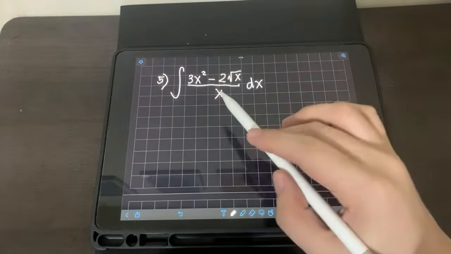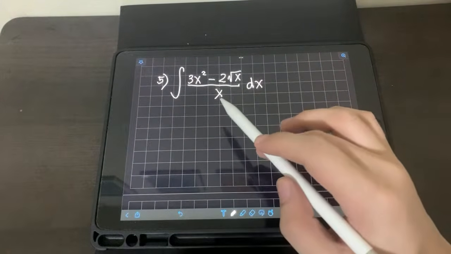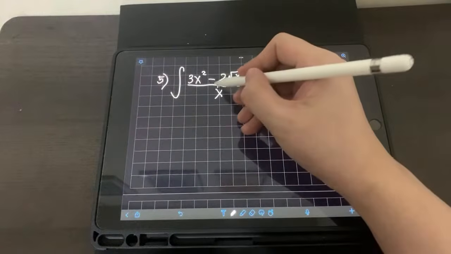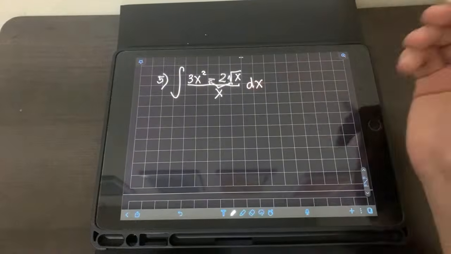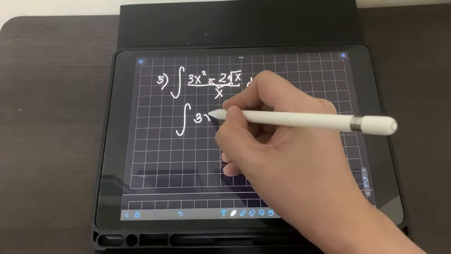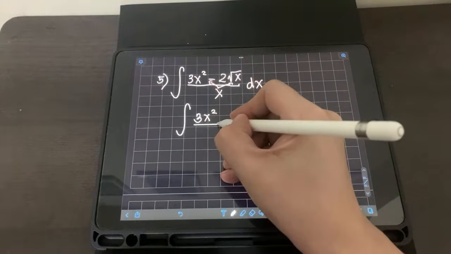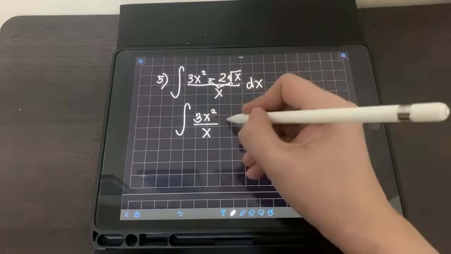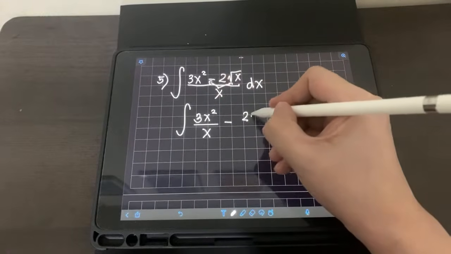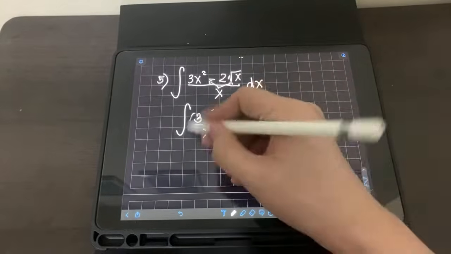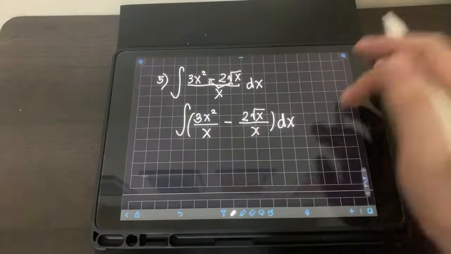Okay, so this time, what can we do first is we can distribute the exponent of x sa bawat term sa numerator. So we have integral of 3x squared divided by x, right? Minus 2 square root of x divided by x dx.